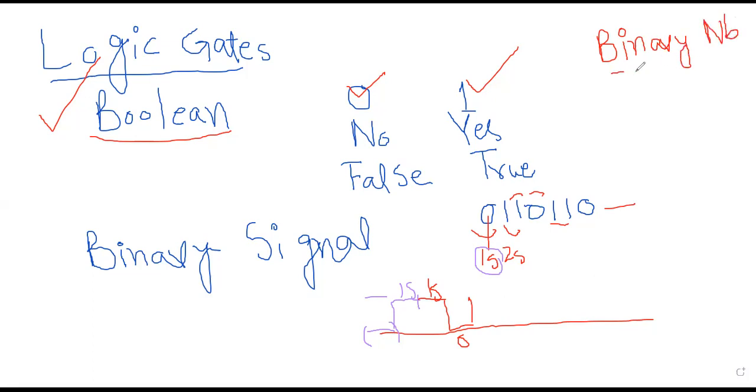Binary basically means two. So we are using two numbers, 0 and 1, which is the alternative to decimal numbers. By using binary numbers, I am eliminating decimal numbers from my logic gates. So in a computer, the inputs must be 0 or 1. There will be no other input signals to my logic gates.